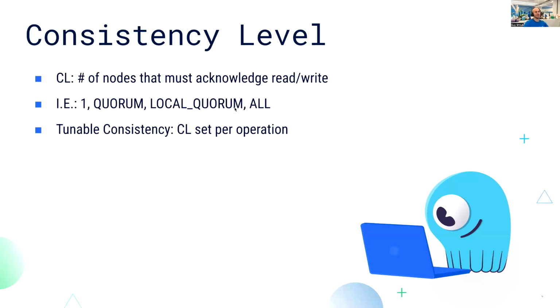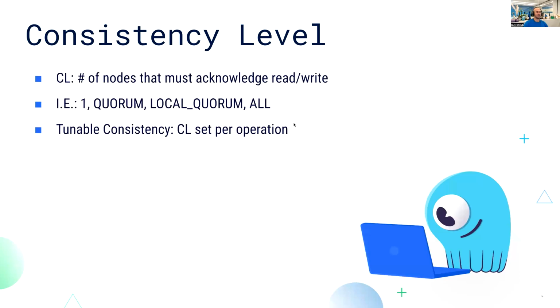Now, consistency level, or CL, basically means the number of nodes that must acknowledge a read or a write request. This can be set per operation. Some example values are 1, quorum, local quorum, or all. And again, there's a trade-off between the consistency and the availability.